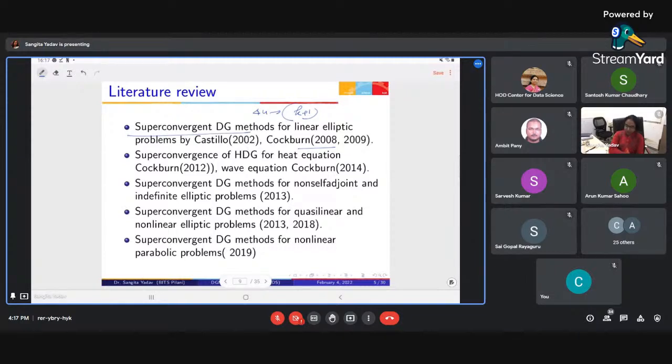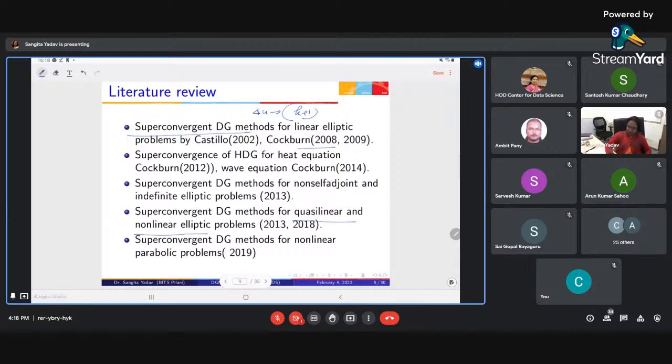Later on, Cockburn and his group carried this work to the heat equation and the wave equation, and they observed that a similar thing also holds true for the heat equation and wave equations. In 2013, I carried forward this work for non-self-adjoint and indefinite elliptic problems, which was the motivation to get error estimates for quasi-linear and non-linear problems.